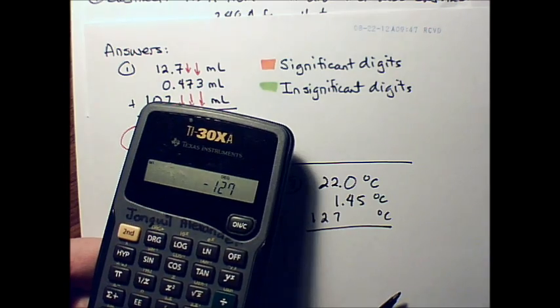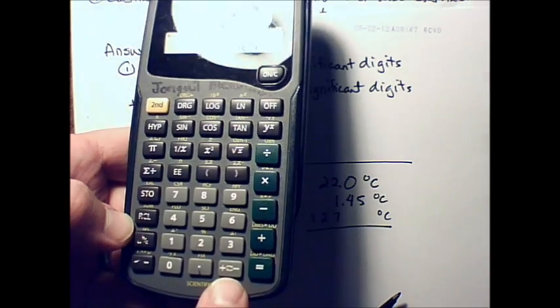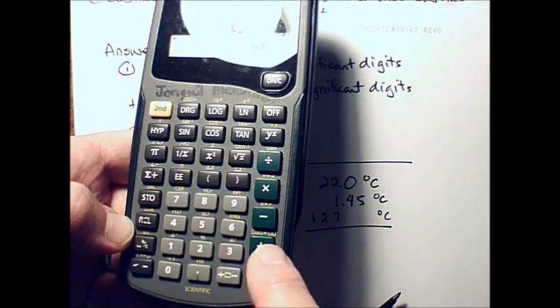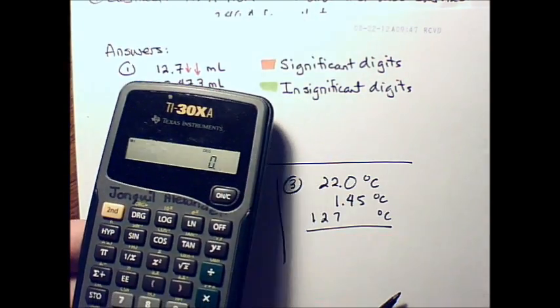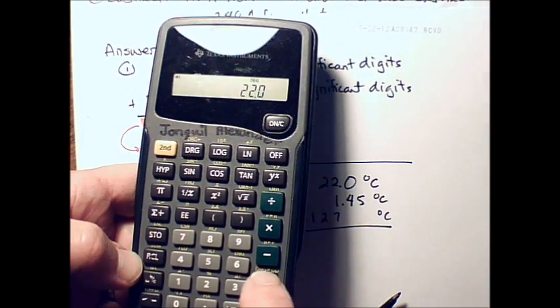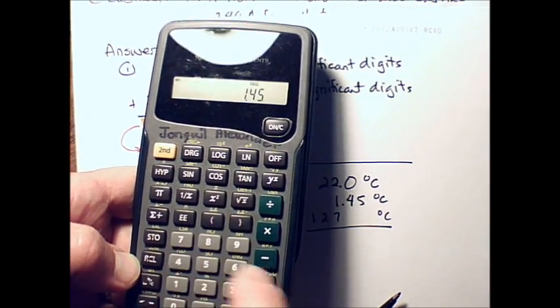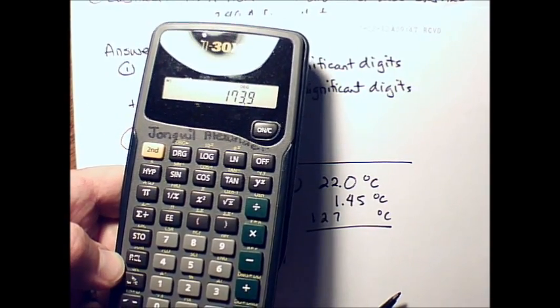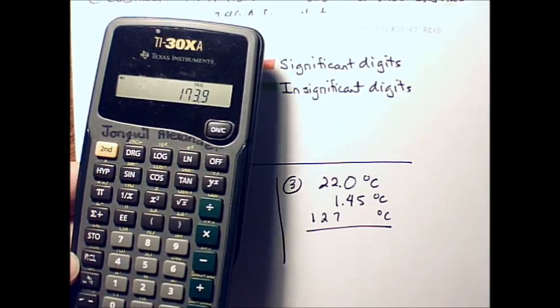Oh, hit the wrong thing. That's a change of sign button, by the way. In case you guys don't know, that's a subtraction button. That's a change of sign button. And instead of hitting a plus, I hit the change of sign button. So I've got to do this over again. 22.0 plus 1.45 plus 127 equals or enter, 173 point.